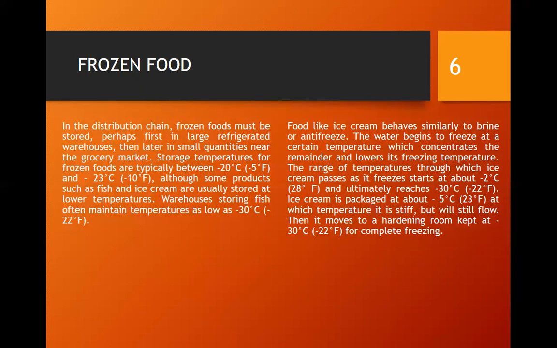The range of temperatures through which ice cream passes as it freezes starts at about -2°C or 28°F and ultimately reaches -30°C, -22°F. Ice cream is packaged at about -5°C or 23°F, at which temperature it is stiff but will still flow. Then it moves to a hardening room kept at -30°C or -22°F for complete freezing. Ito yung process ng ice cream.